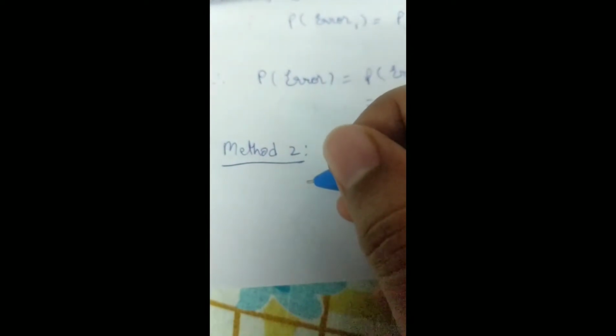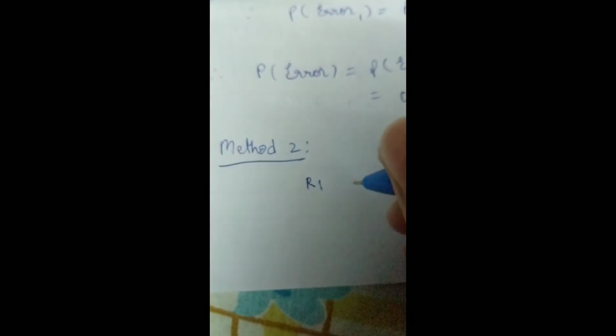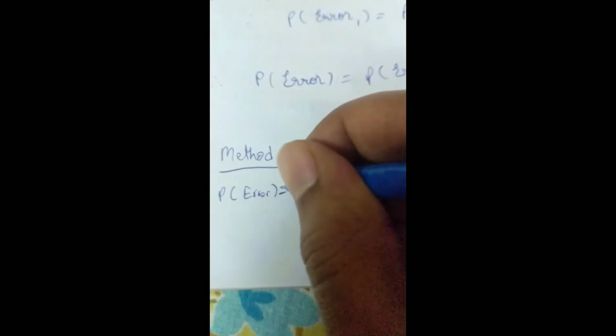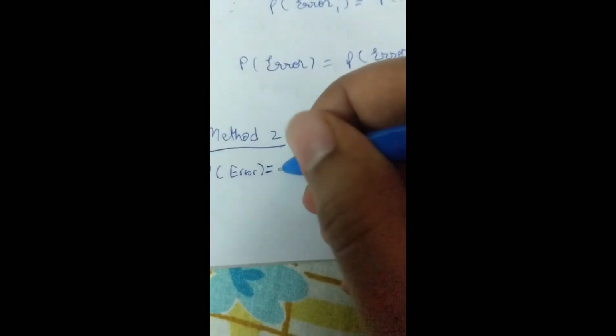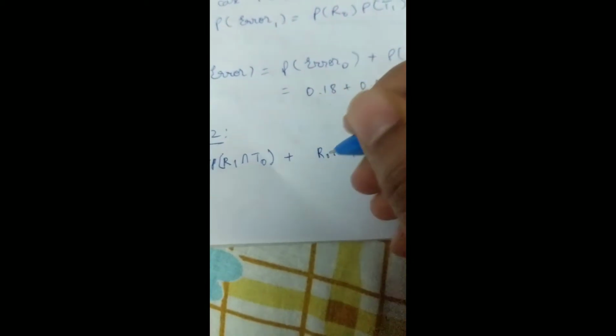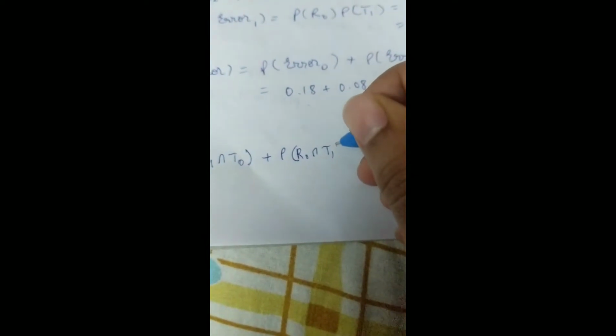We know that it is not right if we receive 1 when 0 is transmitted and if we receive 0 when 1 is transmitted. So the probability of error is equal to probability of this intersection plus probability of this intersection.